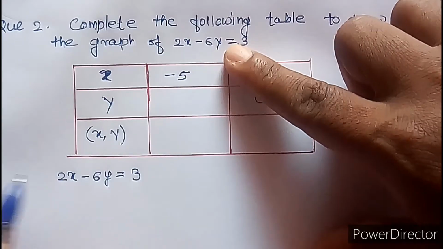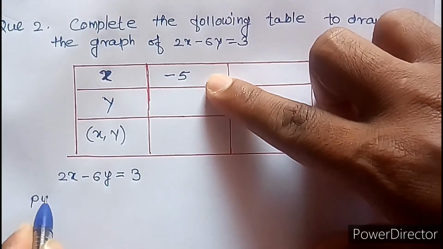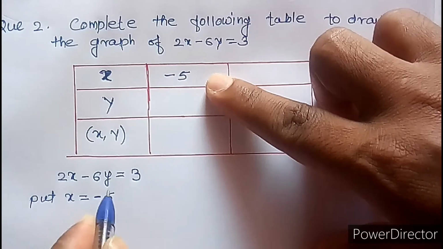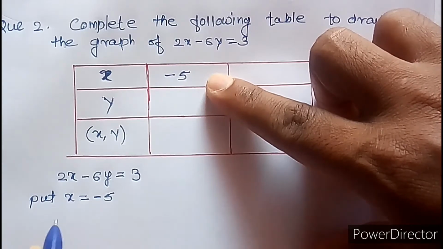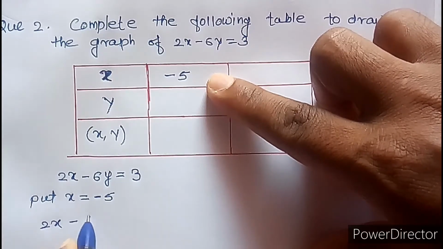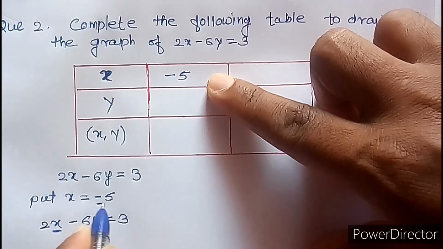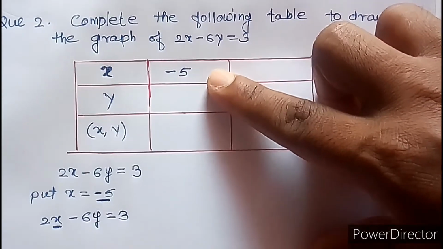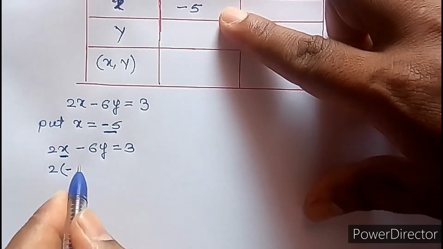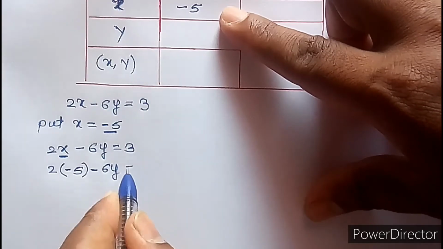Now on solving this, we first write down the equation, 2x minus 6y equals 3. Here the value of x is minus 5, so put x equals minus 5 in this equation. Instead of x we put minus 5, so it becomes 2 into minus 5, minus 6y equals 3.